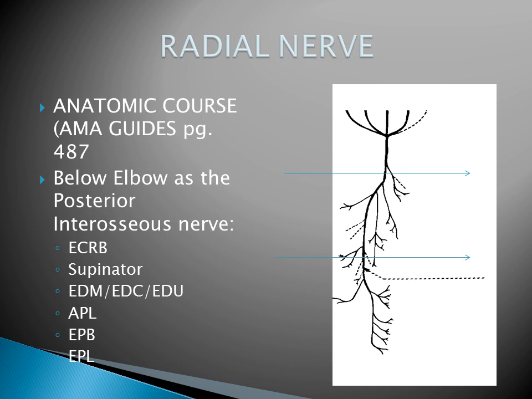Then below the elbow, as the nerve has given off its motor branches to muscles high in the forearm, it sends off a major motor branch known as the posterior interosseous nerve. And that's indicated in the AMA guides by a dashed line with an arrow.